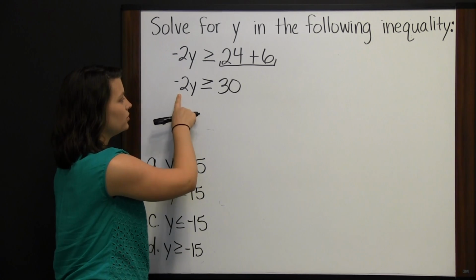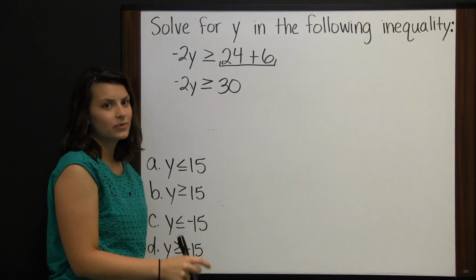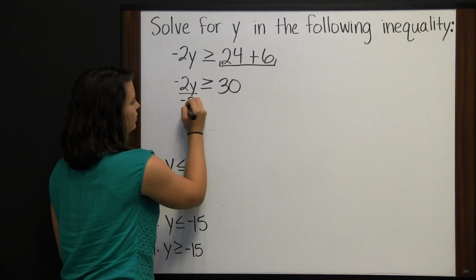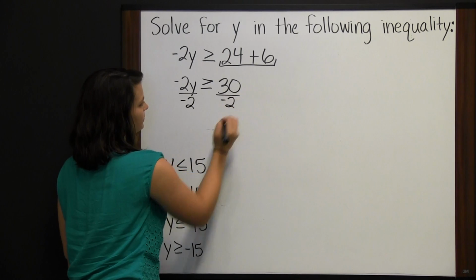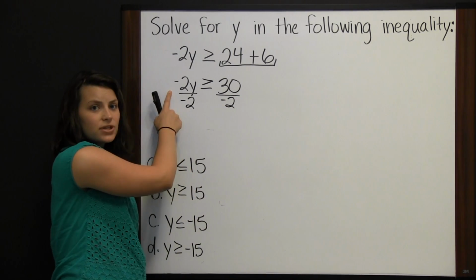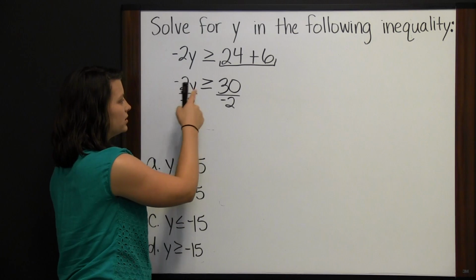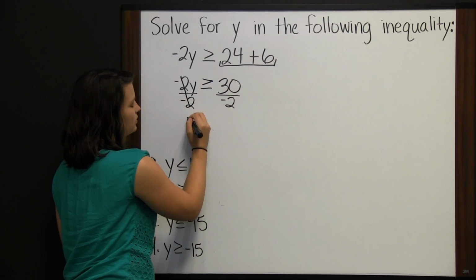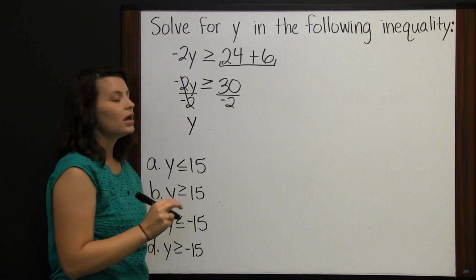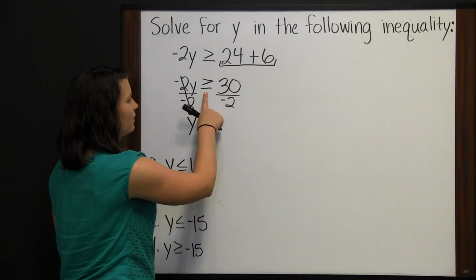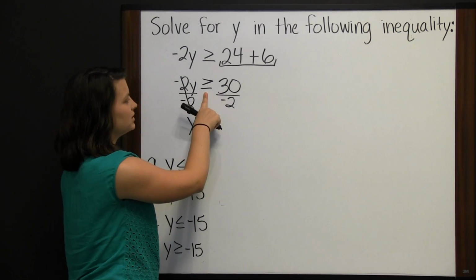Since we have negative 2 times y, to undo that and get y alone, we divide both sides by negative 2. Negative 2 divided by negative 2 is 1, and 1 times y leaves us with just y. Now, since we divided both sides by a negative, we have to flip our inequality sign.